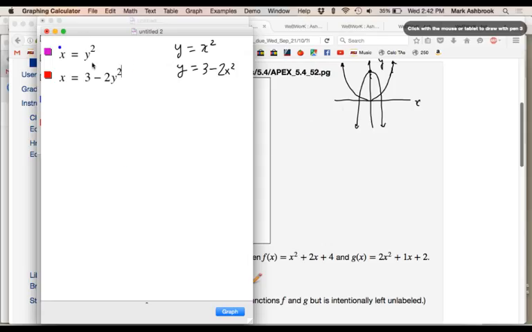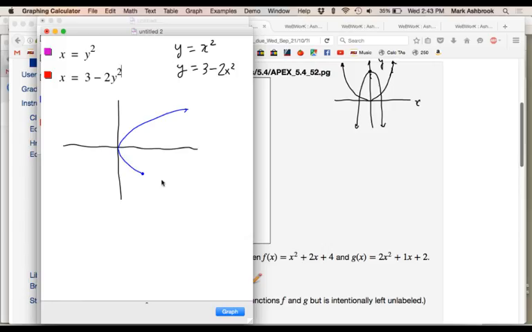So it'll also go through the origin, and it'll open on the positive x-axis instead of the positive y-axis. So that's x equals y squared. So you see how I talk through that? If y equals x squared opens up on the positive y, x equals y squared must open on the positive x.